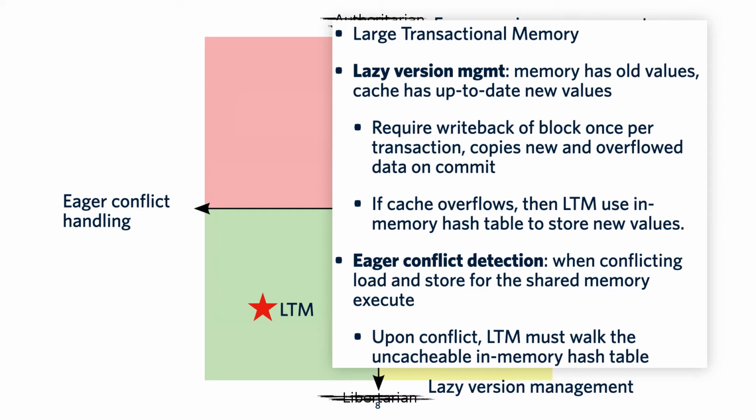But upon conflict, the LTM, according to the paper, because I haven't really read LTM, would try to walk the uncacheable in-memory hash table, where they store some of the tracking data for the transaction.